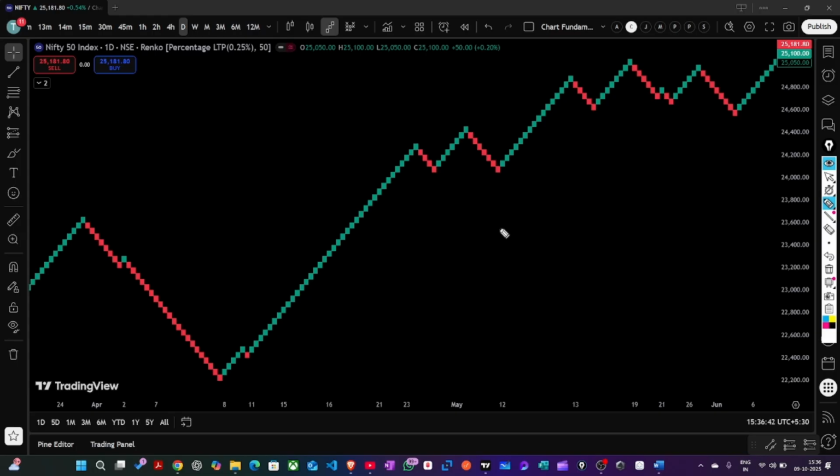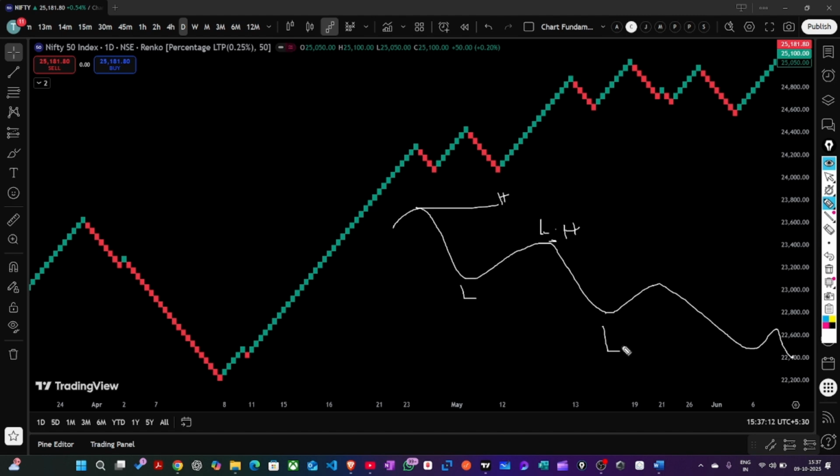The same logic applies for a downtrend as well. Okay, so if the market is moving in waves like this, this point becomes my high, this becomes my low. This new high that has been formed is lesser than the previous high, so this becomes my lower high.